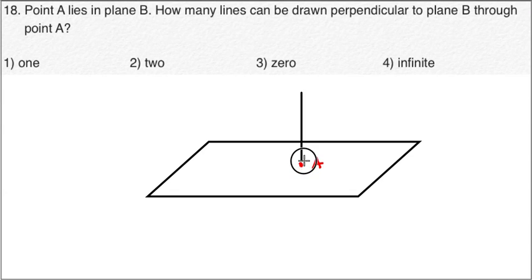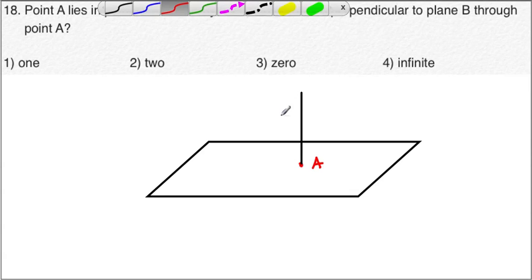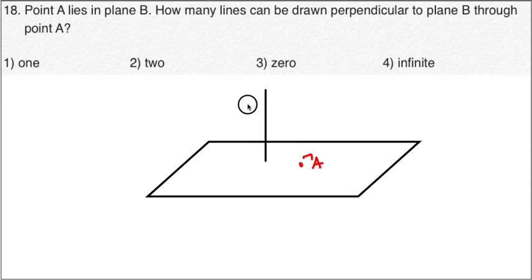That means this one seems to be the only answer. There are many perpendicular lines about that plane, but there's only one that will pass through this point A. So therefore, the answer is 1.